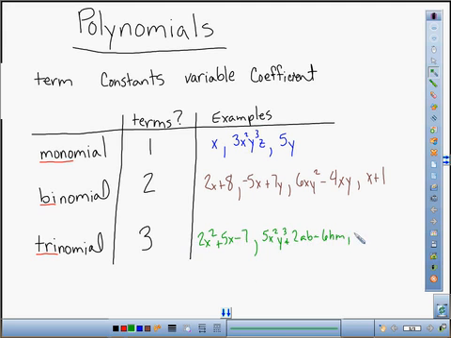And again, it could be as simple as x plus y plus 2. 1, 2, 3 terms. And that makes it a trinomial. So you have to be able to identify whether something is a monomial, a binomial, or a trinomial.